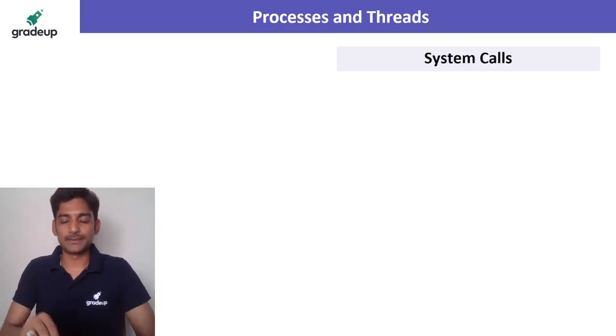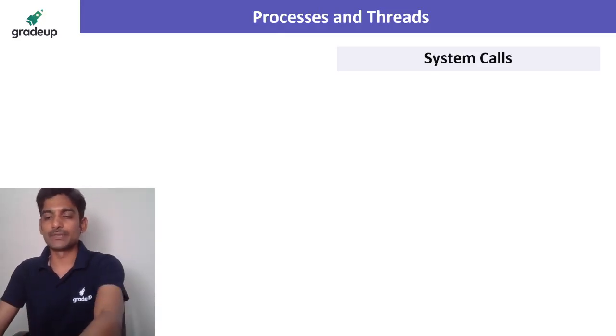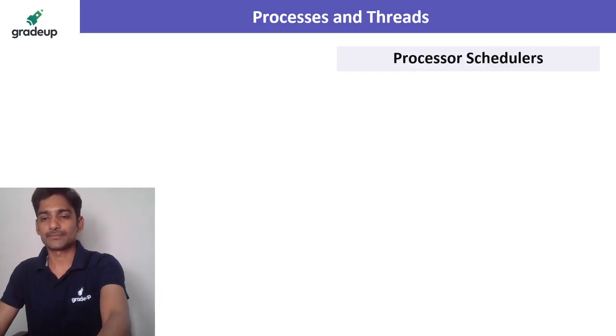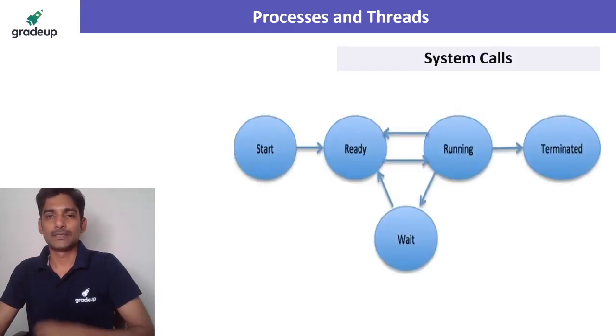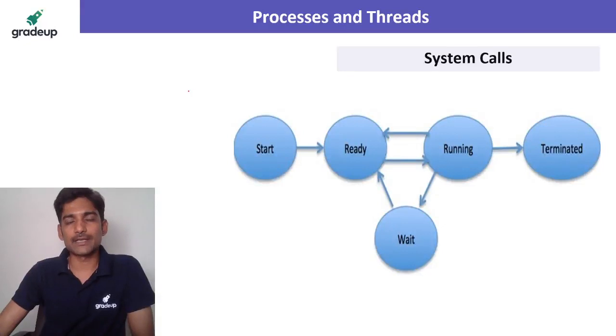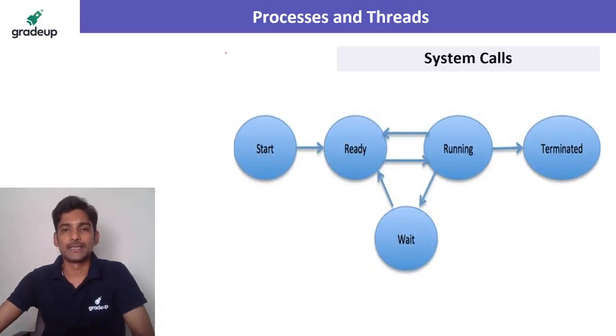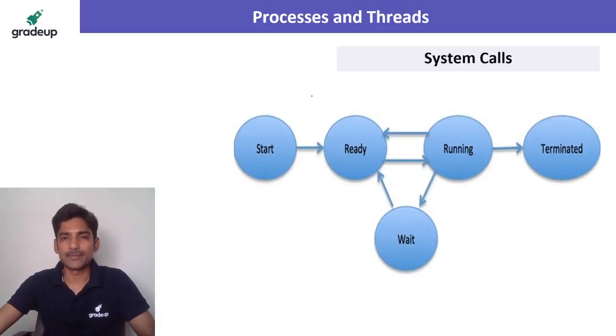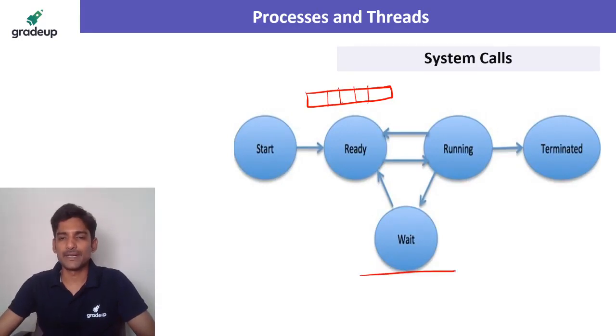Now, as we were discussing these system calls, when we see the scheduling part, in the ready state there can be many processes waiting, and many can be in the waiting state.